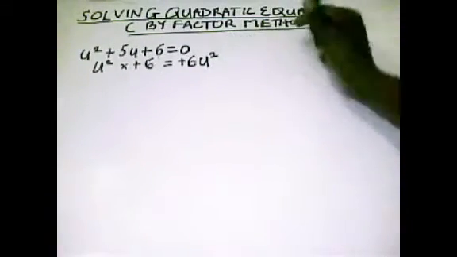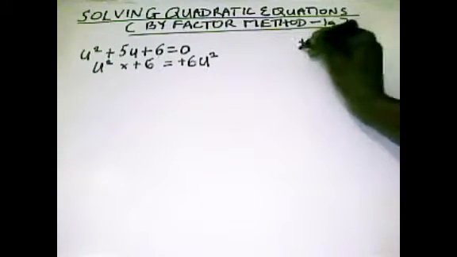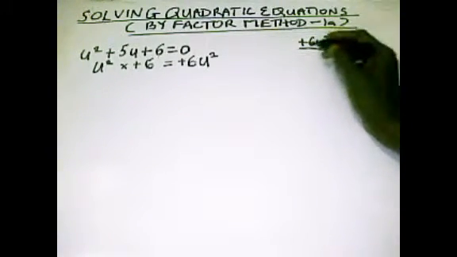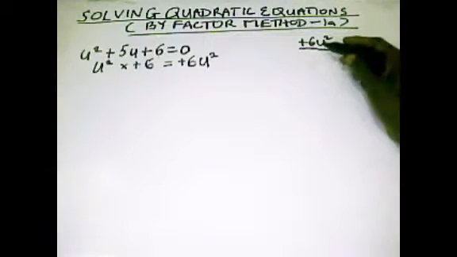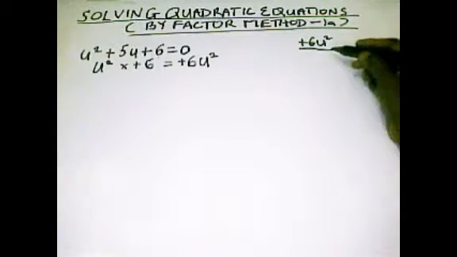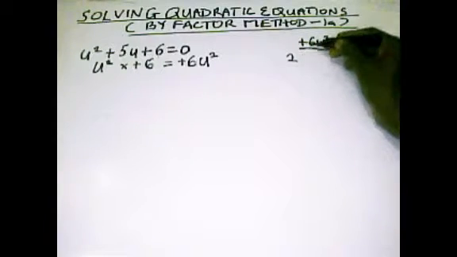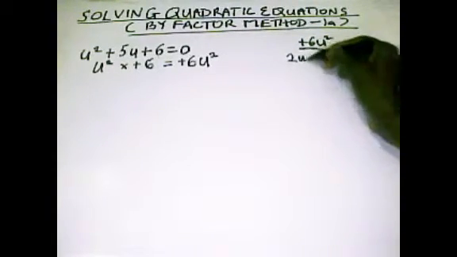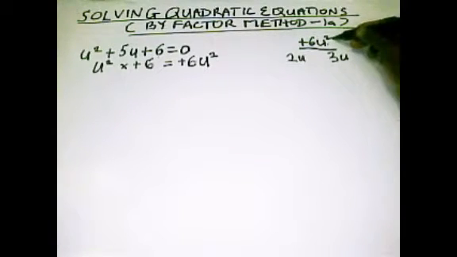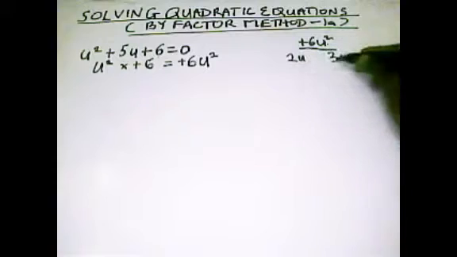By factors, we mean the numbers that can divide into 6 without any remainder. So let's start with 2. 2 can divide into 6 to give us 3. Now each of these factors must carry u because of the u squared we see here. So the first factors are 2u and 3u.